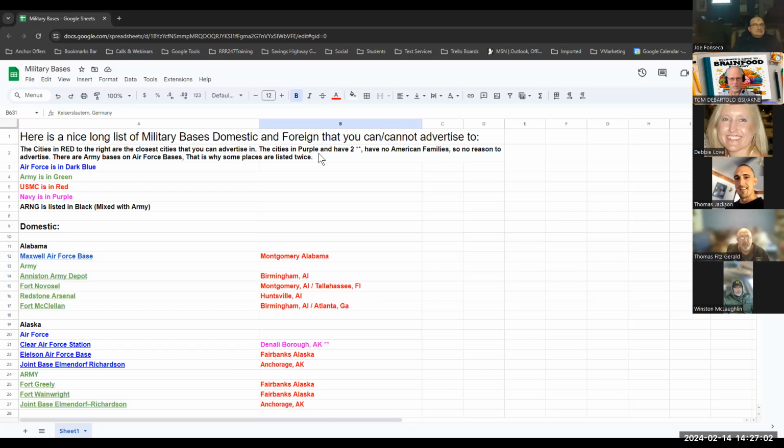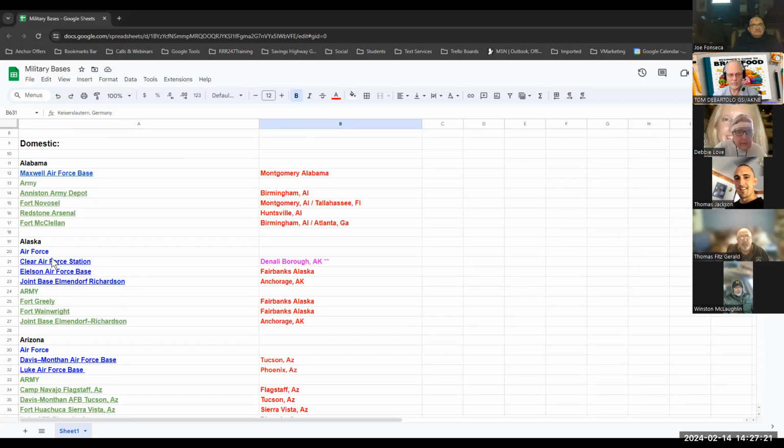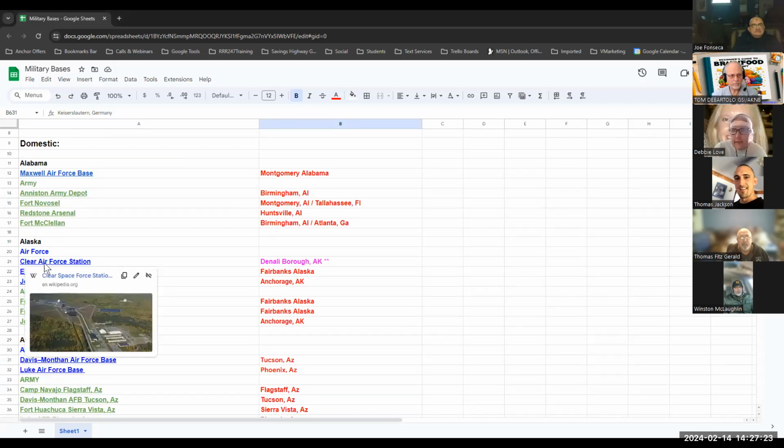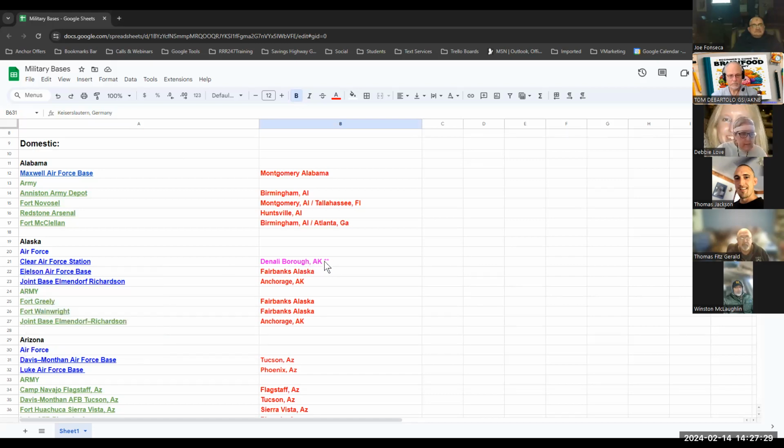The cities in purple with the two asterisks have no American families, so there's no reason to advertise, for example, the Brain Food Academy. For example, Alaska Clear Air Force Station has the two asterisks. That means only the military is there and not the families.